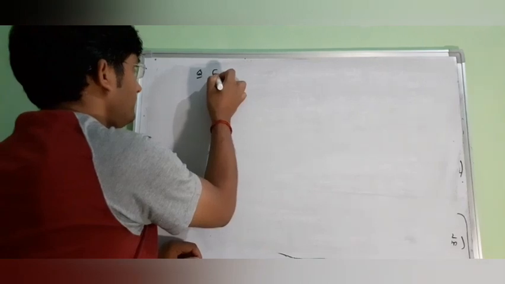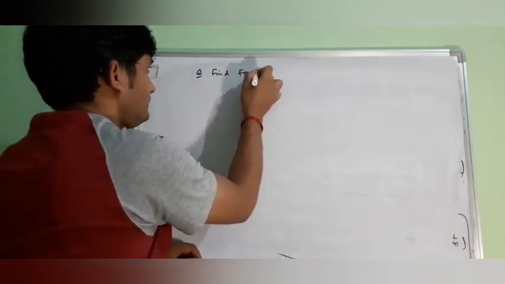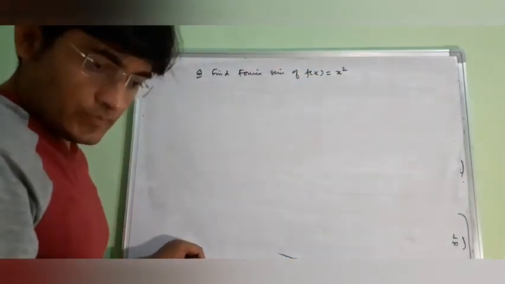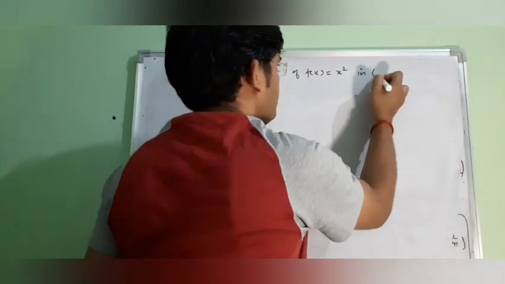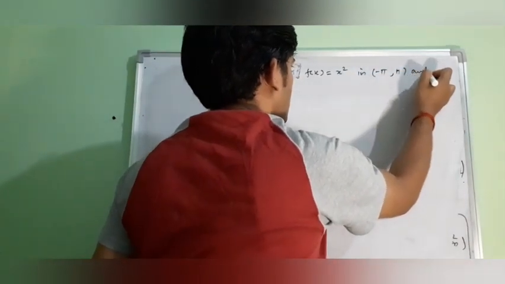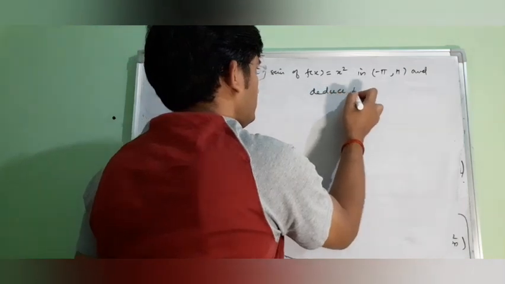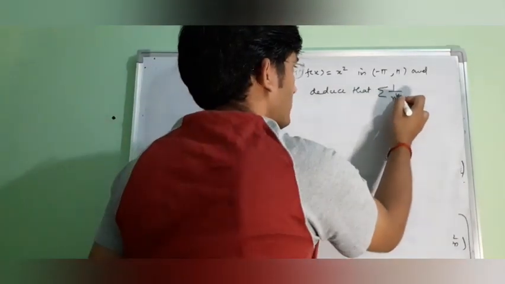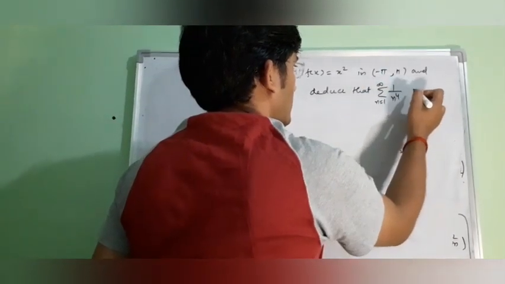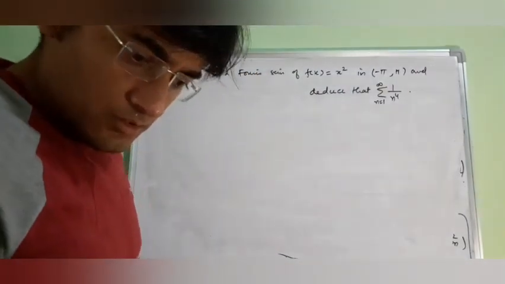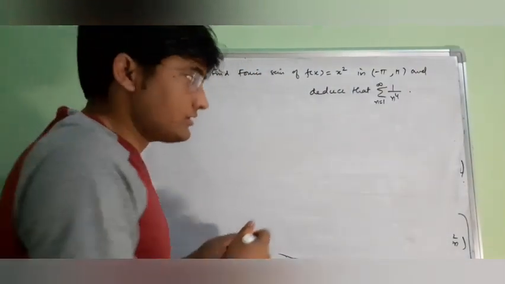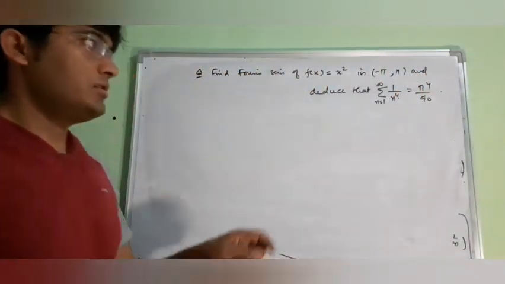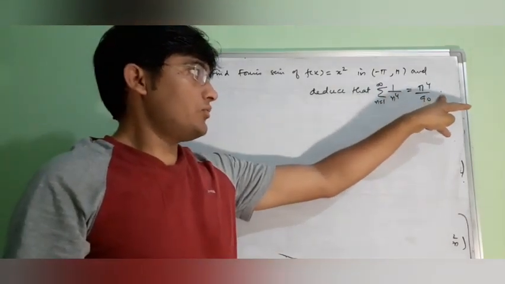Question: find the Fourier series of f(x) equal to x square in the interval minus pi to pi, and deduce that summation 1 upon n to power 4 is equal to pi to the power 4 upon 90.